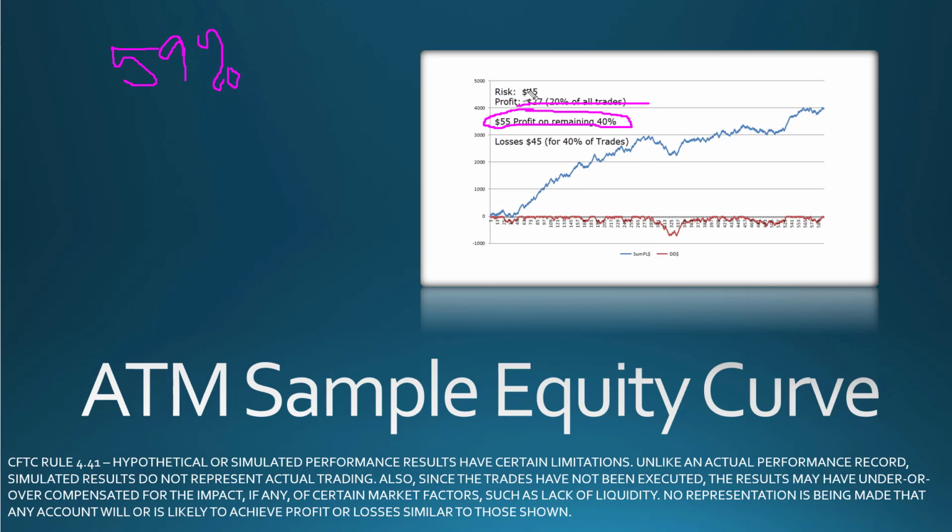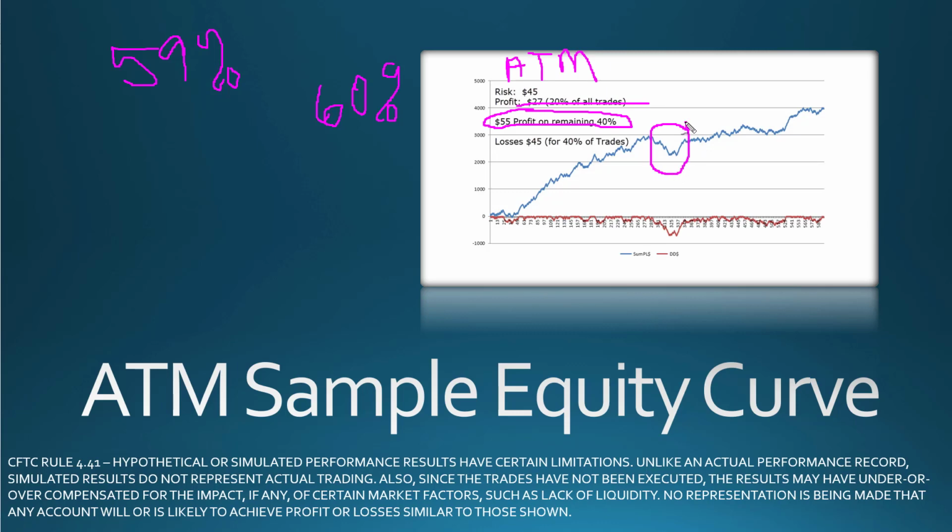You are risking $45 per trade. That's an ATM trade, okay? Now, this is using a 60% profitable percentage.